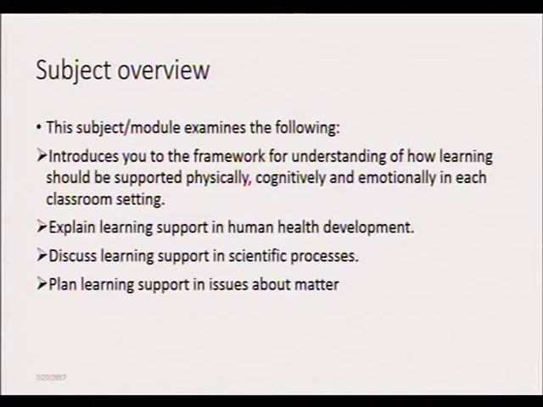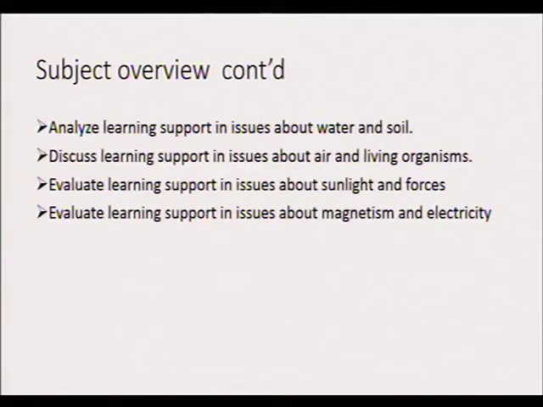And then we are going to discuss learning support in scientific processes, and in the issues about matter. And then we are also going to look at learning support in issues about water and soil, and also air and living organisms, issues about sunlight and forces, and magnetism and electricity.